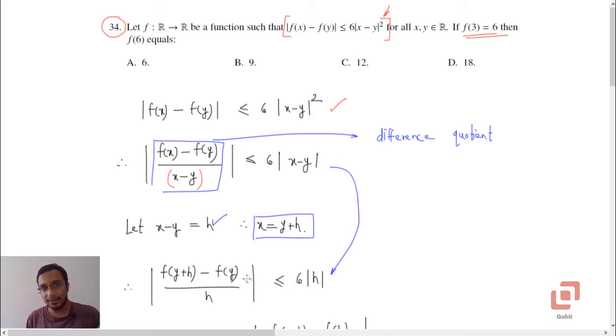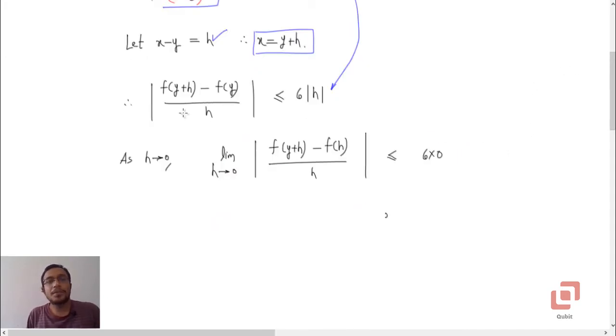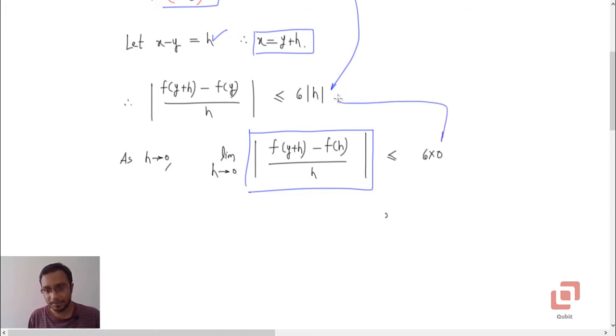And now we apply the sandwich principle, or the squeeze theorem. First you take the limit as h tends to 0, and by the squeeze theorem, we can say that the limit as h tends to 0 of this has to be less than or equal to the limit of 6 into mod of h as h tends to 0, but the limit of mod h as h tends to 0 has to be 0.